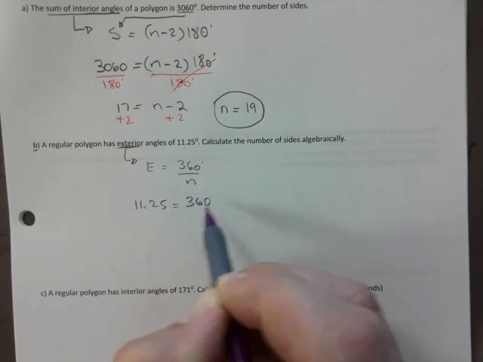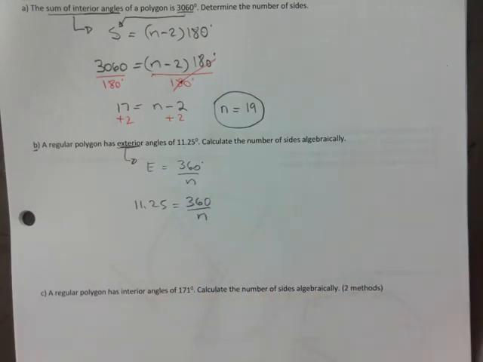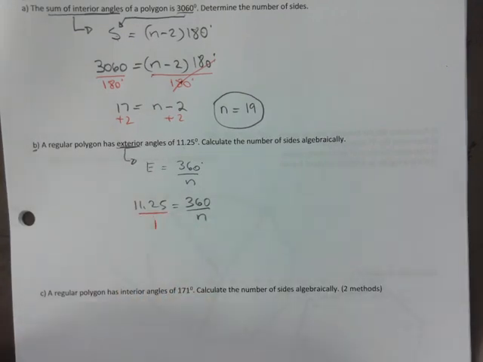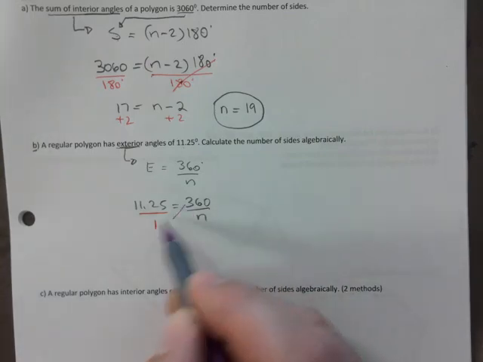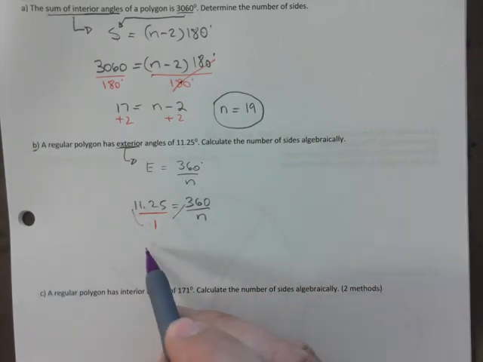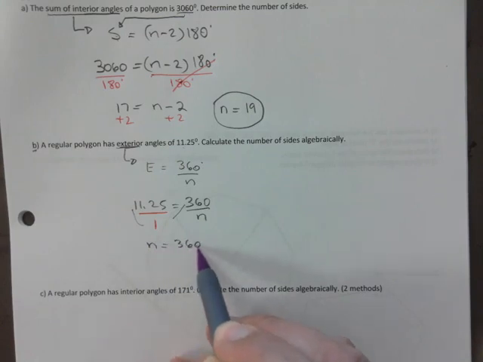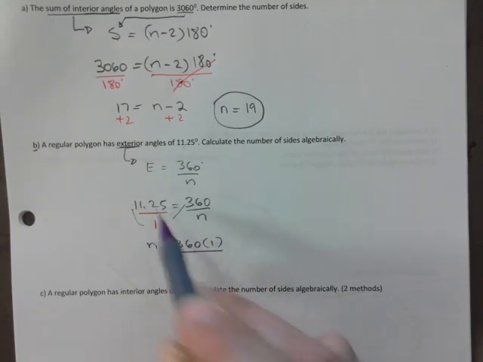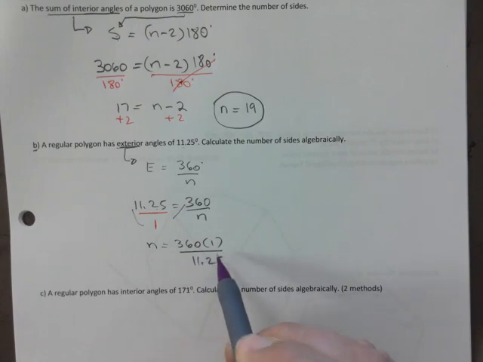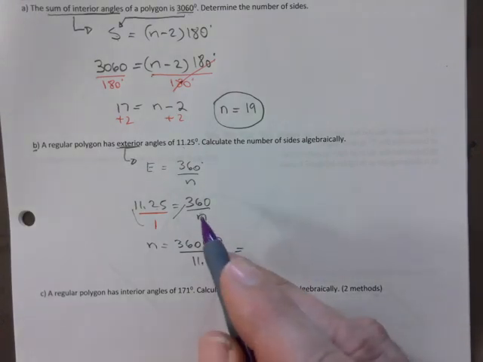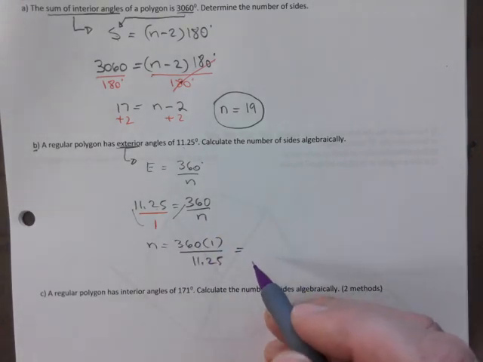And on the other side, you have 360 over n. What does this remind you of? You've done so much of this. Put the 1 there, just for kicks. You cross multiply and divide. That's it. So n is 360 times 1 divided by 11.25. I know you can omit the times 1. I know that. But it helps you realize what's happening.